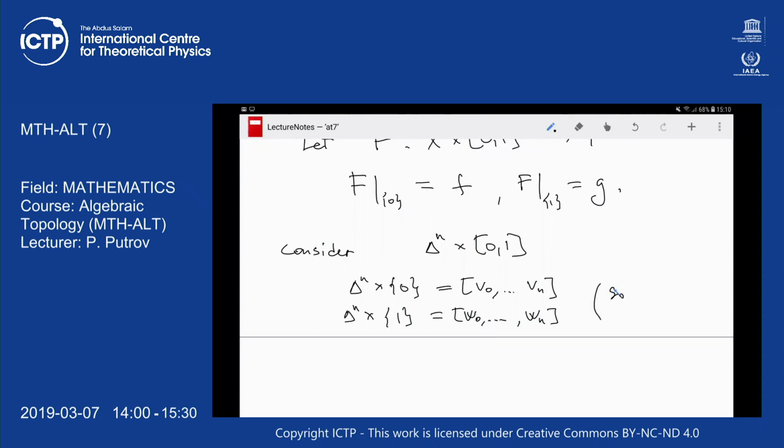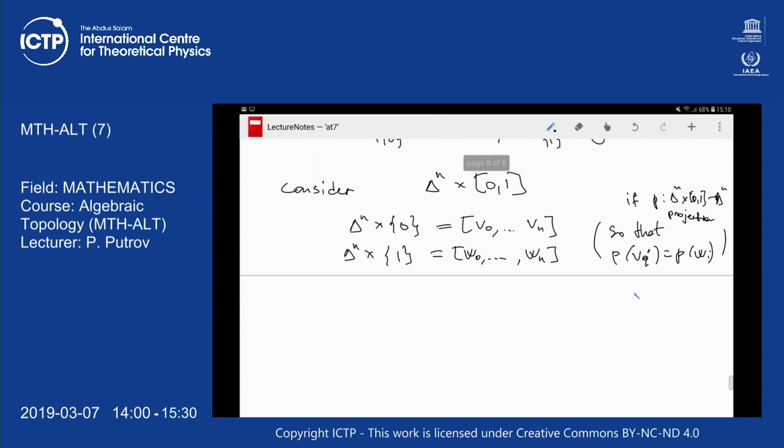So if you consider P a projection, the map from delta n times interval to delta n is a projection on the first factor here, so that the projection P of Wi is the same as P of Vi is the same as P of W.